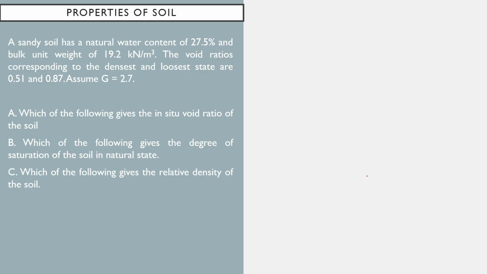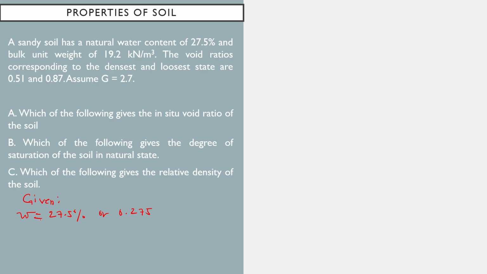So, isulat muna natin yung given. Ayan, so, given tayo ng water content, which is 27.5%, or in decimal. So, ilipat na lang natin siya sa decimal. So, 0.275 na lang yung gamitin natin. And then, binigay yung bulk unit weight na 19.2 kilonewton per cubic meter.